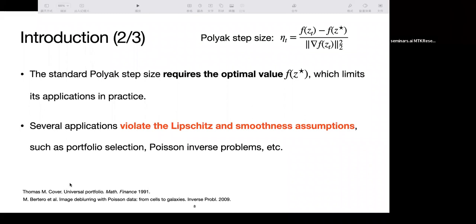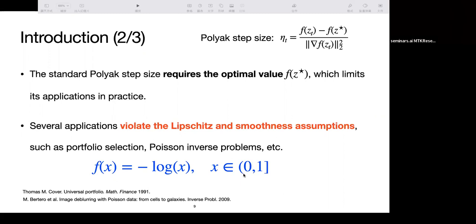And I will take a very simple function as an example to explain why Lipschitz and smoothness conditions do not hold in these applications. The minus log function in one-dimensional space, we can easily check that minus log function is convex and its gradient and Hessian are -1/x and 1/x squared respectively.